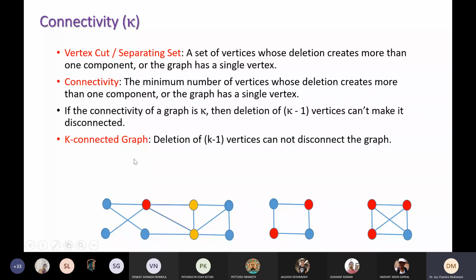If it is a k connected graph, its connectivity है at least k, and that means deletion of k minus 1 vertices cannot disconnect the graph. You choose any k minus 1 vertices out of it, but it can't disconnect the graph. And for a complete graph Kn, its connectivity is n minus 1.